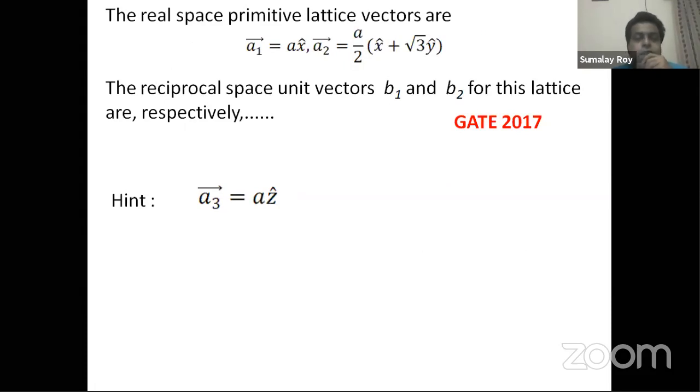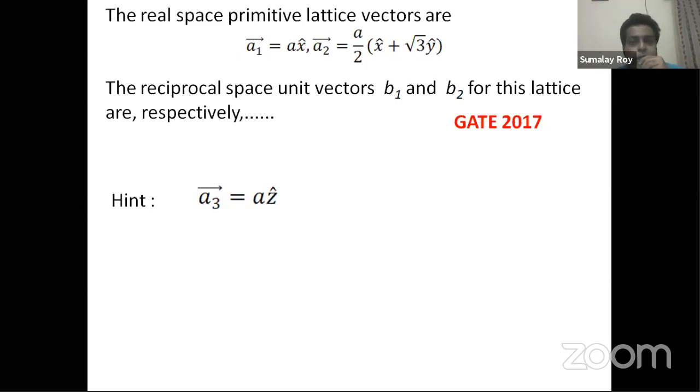There is another problem with the reciprocal lattice. When there are three primitive vectors, it is easy to do a1, a2, a3. But in two dimensions, there is no third vector. So what will you do? This is one example: the real space primitive vectors for a two-dimensional lattice, given by a1 equal to a x and a2 equal to a by 2 into x plus 3 root 3 y. Now what will be the reciprocal space? In order to find the reciprocal space vectors, we know the formula a1 dot a2 cross a3, but there is no a3 over here.